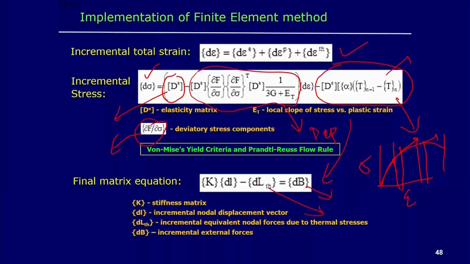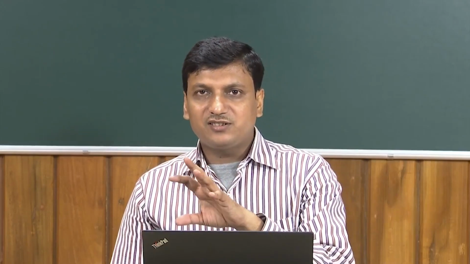Once we find the incremental value of the nodal displacement, that displacement field is converted into the strain component, and then the strain component can be converted to the stress value. In that way, we can find at any point of time, at any stage, the value of the displacement, the strain, and the stress.